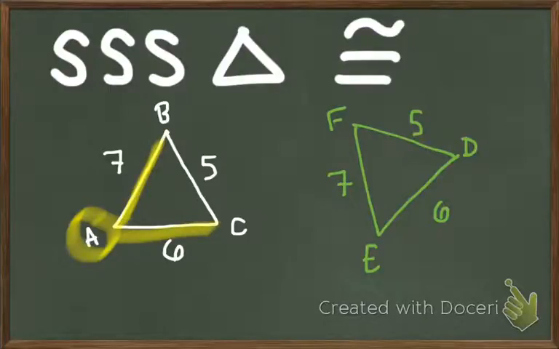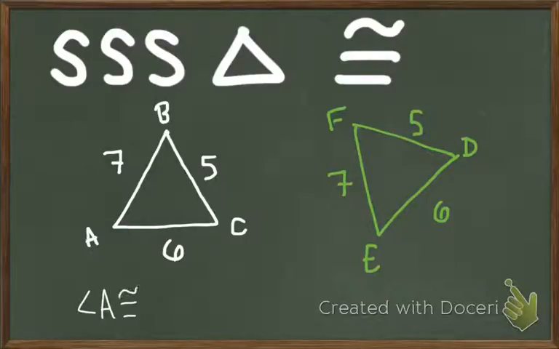So on the green triangle, the angle between 6 and 7 is angle E. So those would be considered corresponding angles. To write that down, we'd say angle A is congruent to angle E.